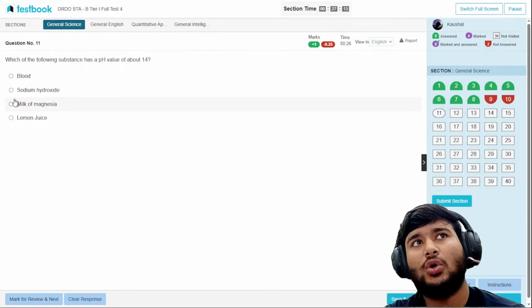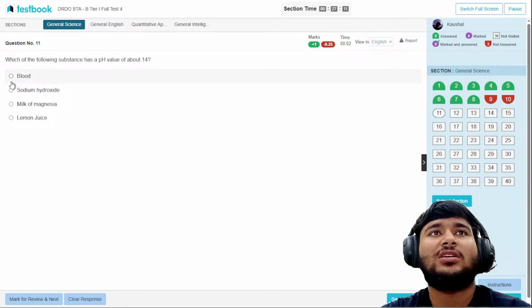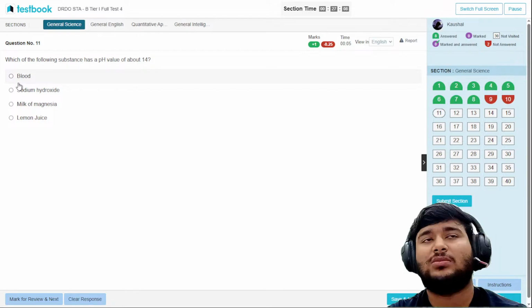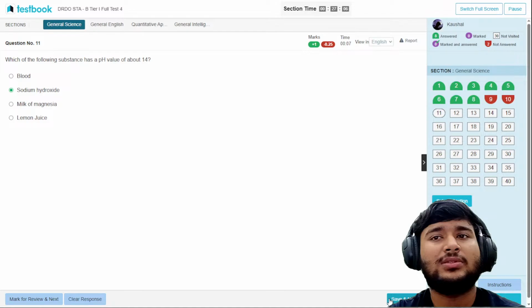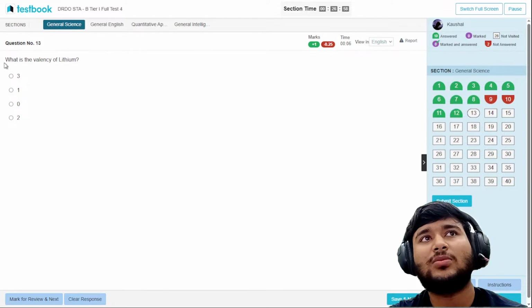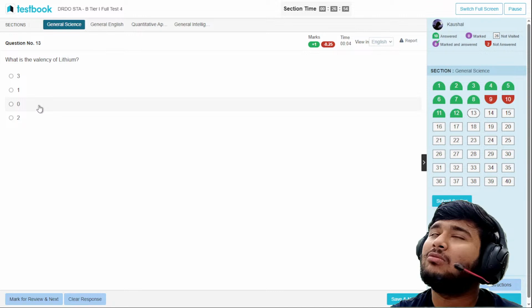Not sure. Which of the following substance has a pH value of about 14? Highly basic. Which of the following is associated with atomic model? Bohr's atomic model. Lithium की valency +1.